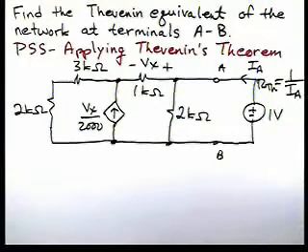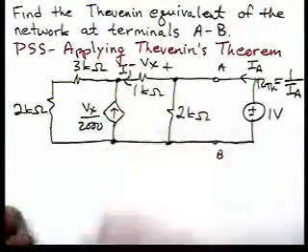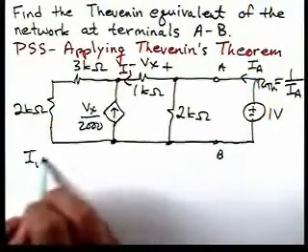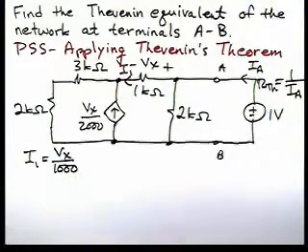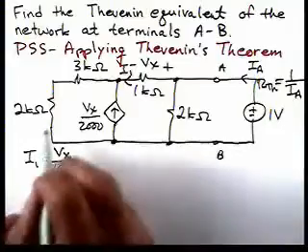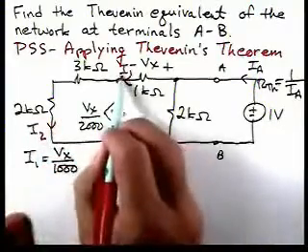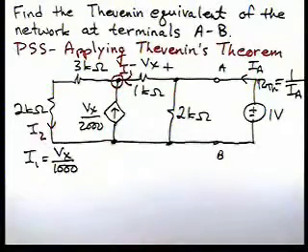Now, if we look at this circuit, let's define that current as I1. And I1 then is Vx over 1,000. Let's call this current I2. Let's apply Kirchhoff's current law at this node.